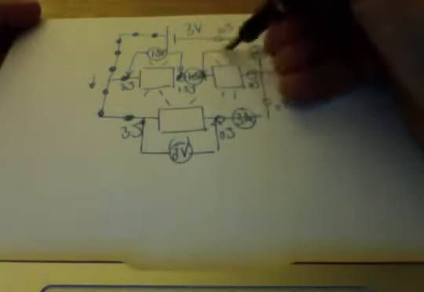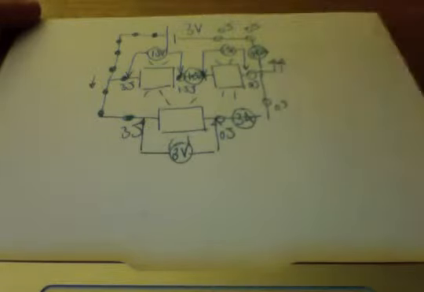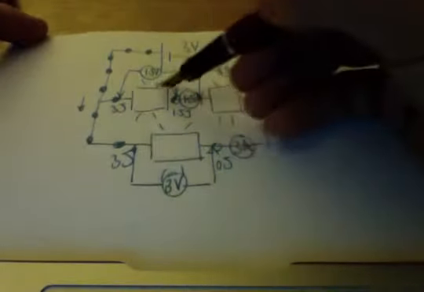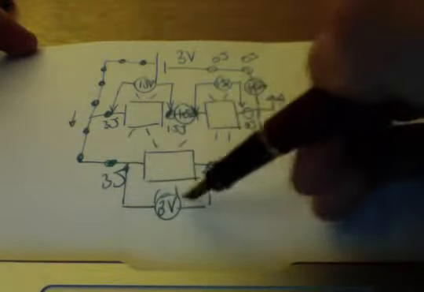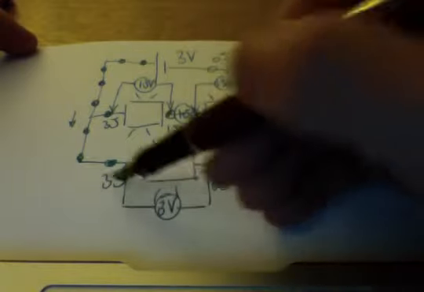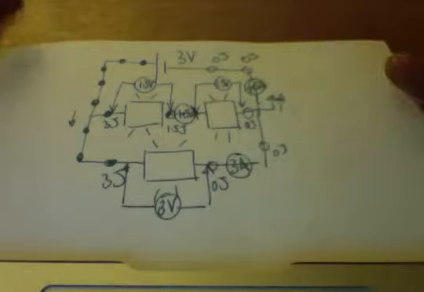And again, the same on this side. So you can see, here we have a series arm in which the current's the same at all points, but the voltage has been shared. Here is a parallel arm, which means that the voltage is the same as the first one, but the current has been shared between them.